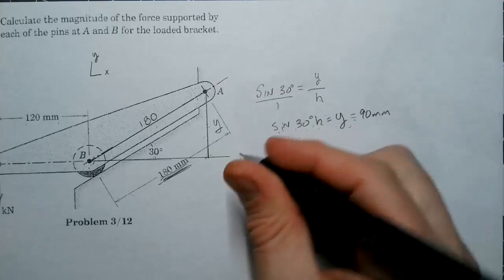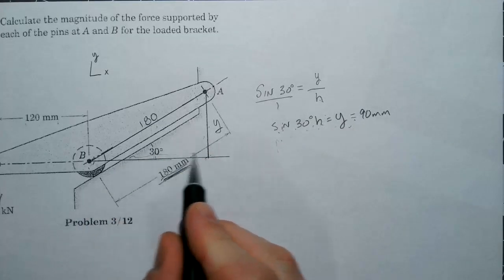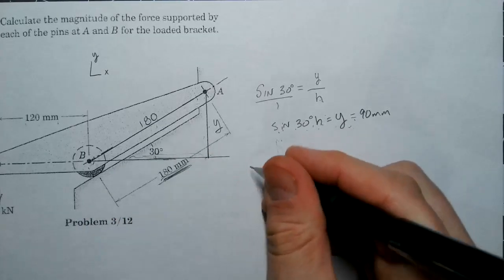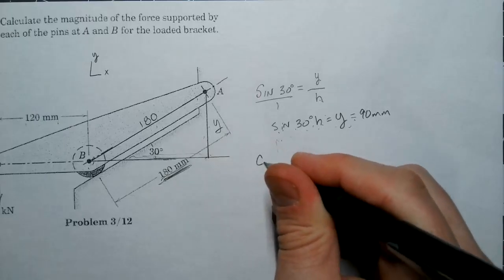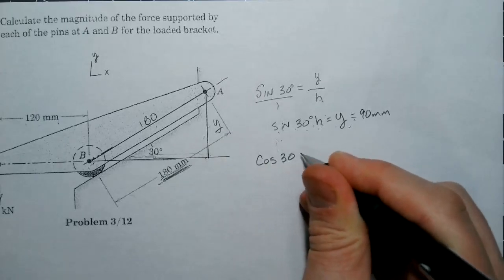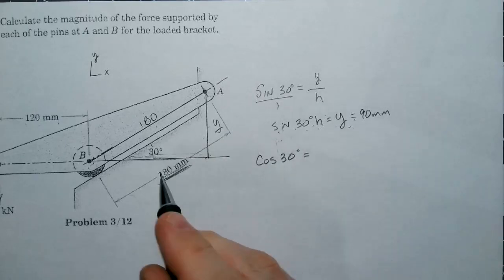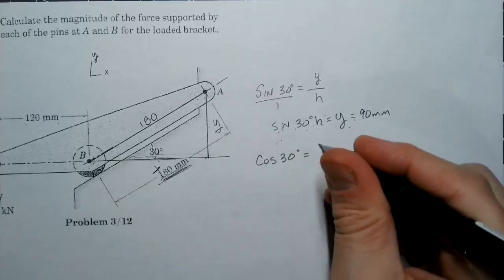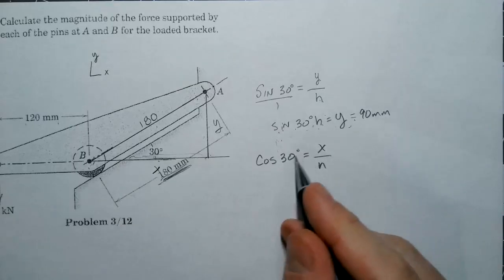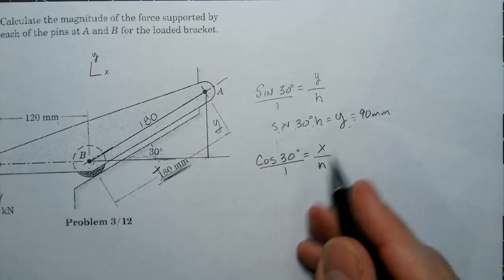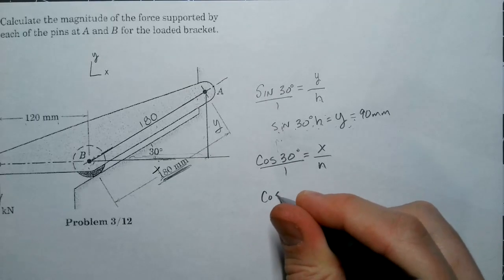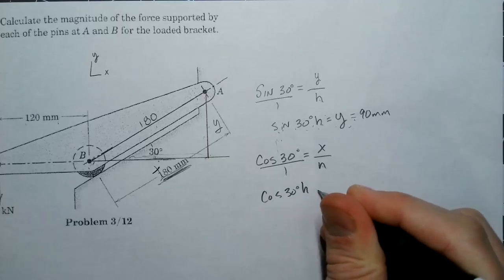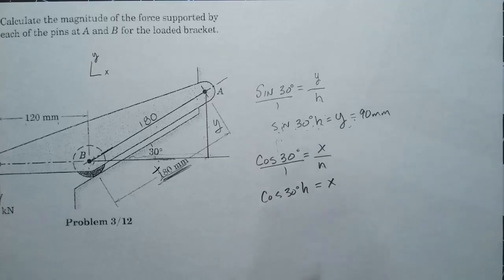And then, similarly, if we look at the leg over here, we have the cosine of 30 equals, we'll call that x over h. And then if we simply cross multiply, we know that the cosine 30 times h equals x.